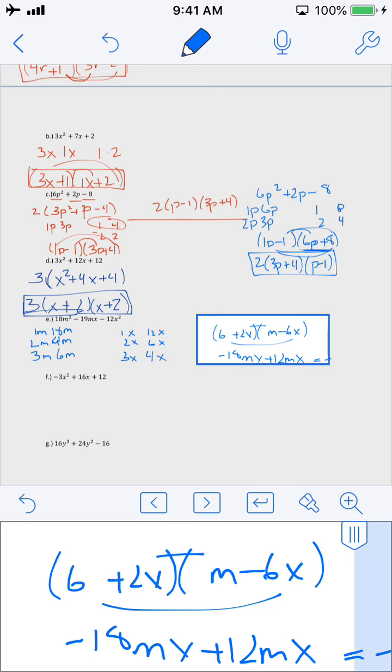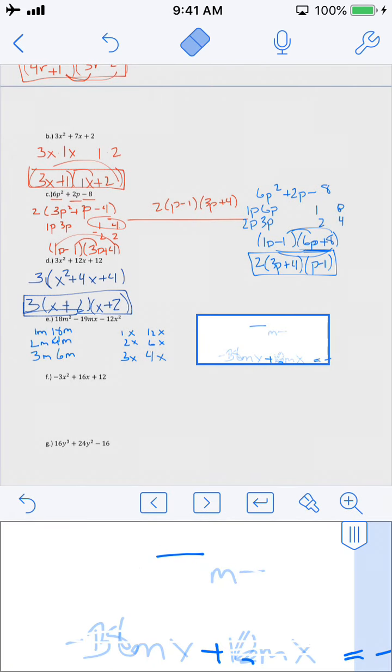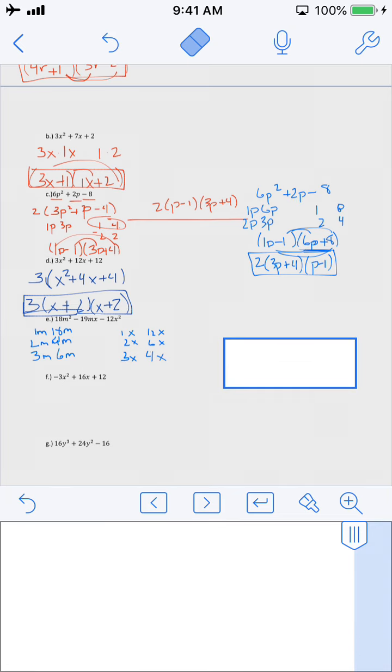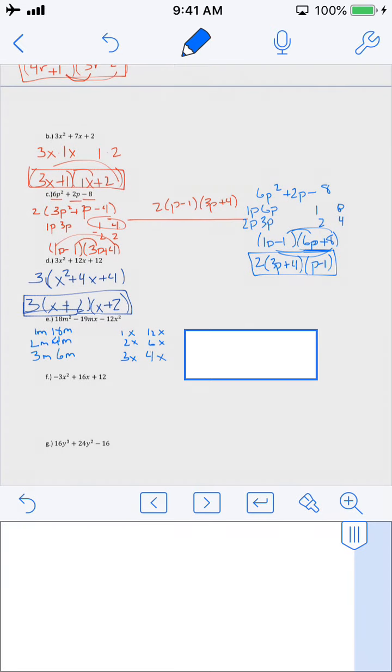If I put the 6m here and the 3m there, then I get negative 36 and 6, and that would be 30. Not quite. Okay, so we know it's not that one. Okie dokie. It's going to take a minute. It's not that combination.